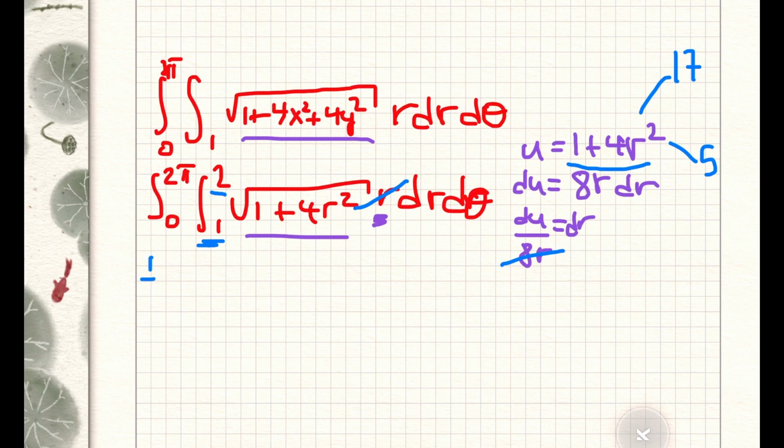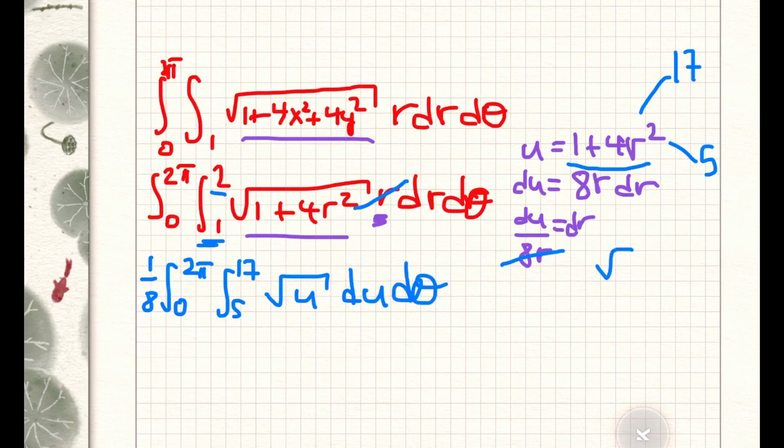So 1/8, 5 to 17, square root of u. Square root of u is the same thing as u to the 1/2, so it's a little bit easier to integrate.